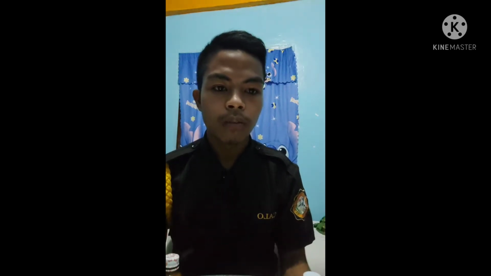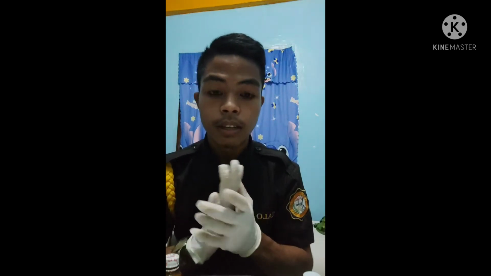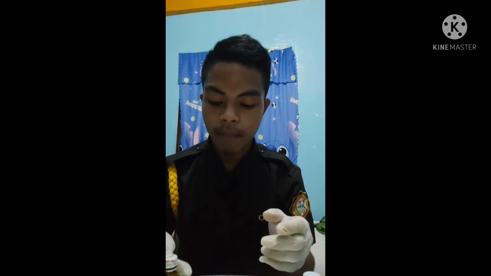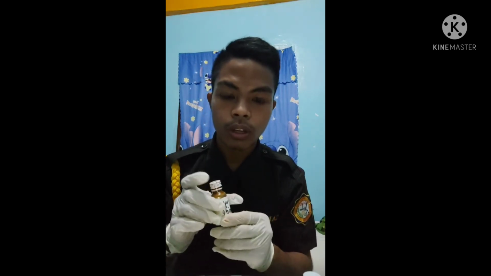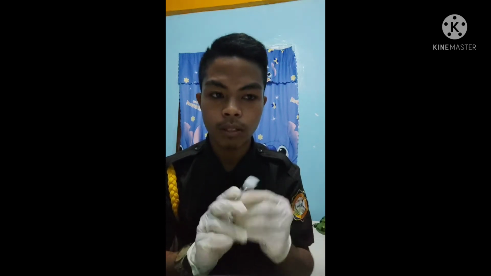In the preliminary test, we are using the Benzidine test. The reagent of this test is the Benzidine solution, and I also have 3% hydrogen peroxide.